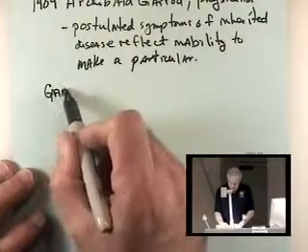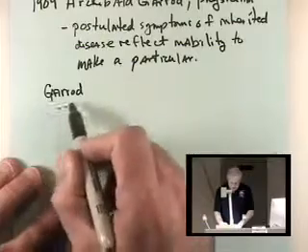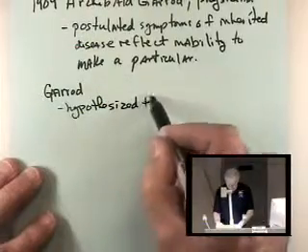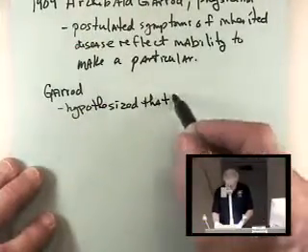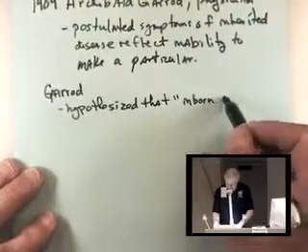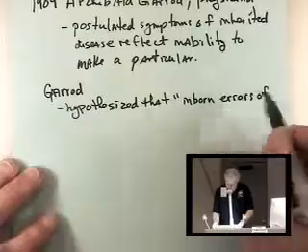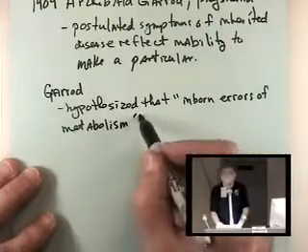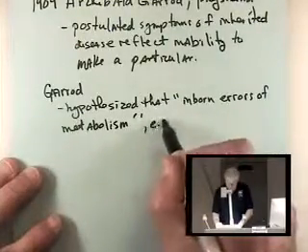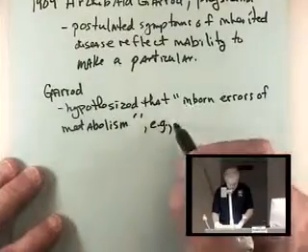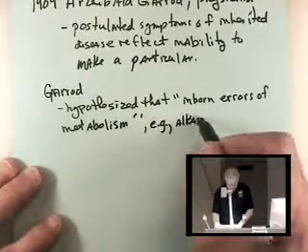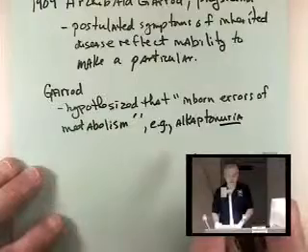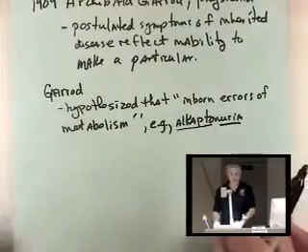Garrod then hypothesized that inborn errors of metabolism, as they were called, for example, alkaptonuria, where, as the name implies, there's something showing up in the urine, an alkapton, that isn't normally there.